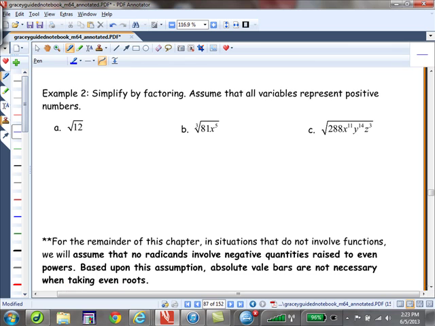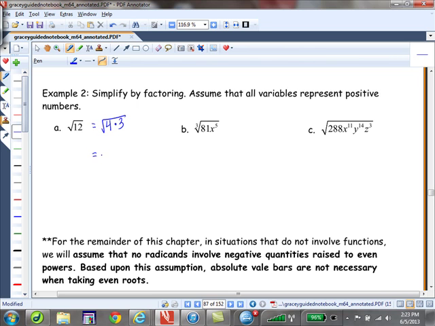Okay, so the square root of 12. So we have a square root here. So our goal is to figure out how we can rewrite 12 as the product of perfect squares. So here we go. The square root of 12 is equal to the square root of 4 times 3. I picked 4 because 4 is a perfect square.